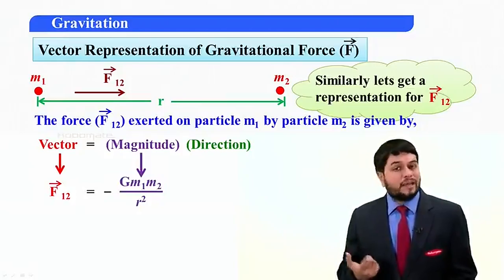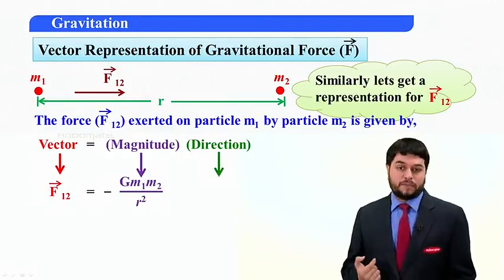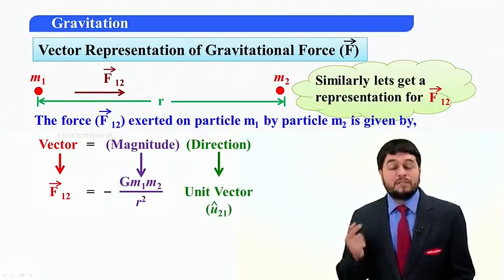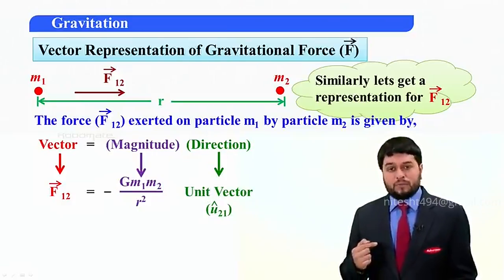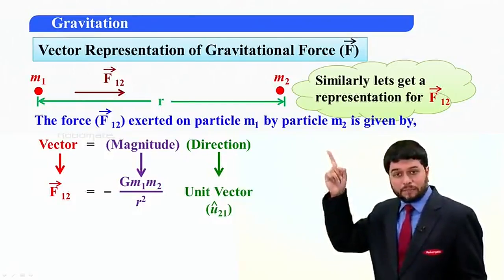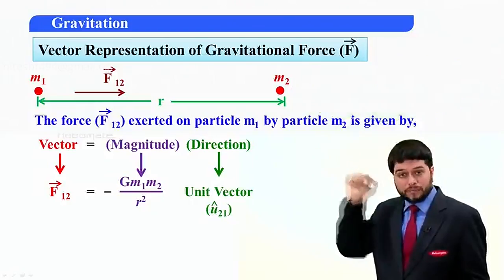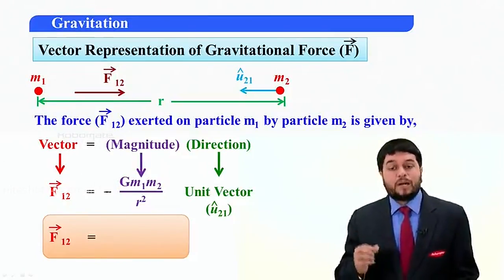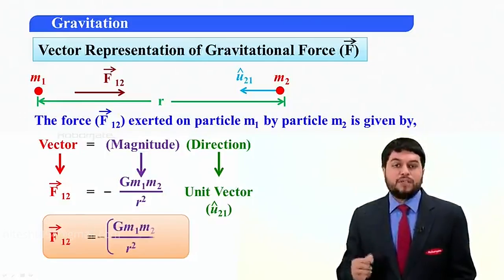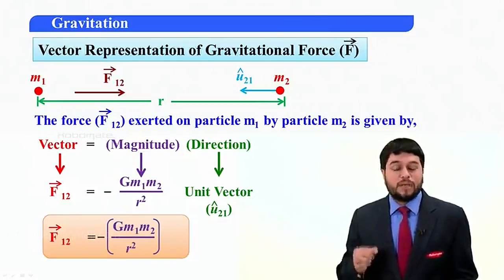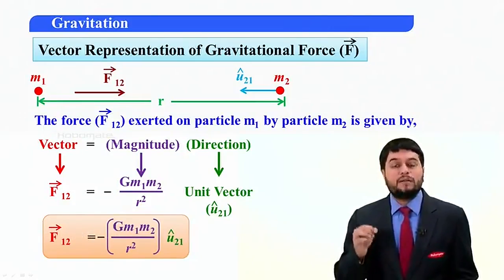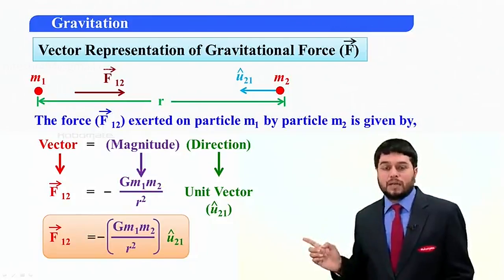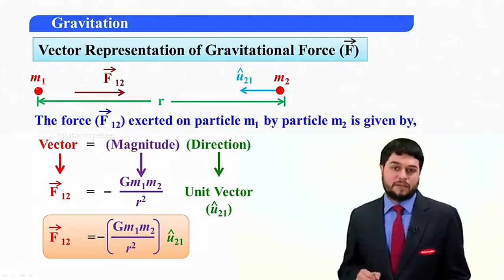Now direction, again I will take another unit vector, represented as u bar 21, whose direction is as shown in the diagram. You can see that blue arrow, u bar 21. So here in totality, F bar 12 is equal to G m1 m2 upon r square into u bar 21, and this is your second vector representation.